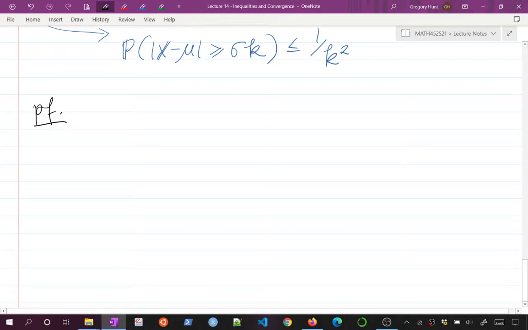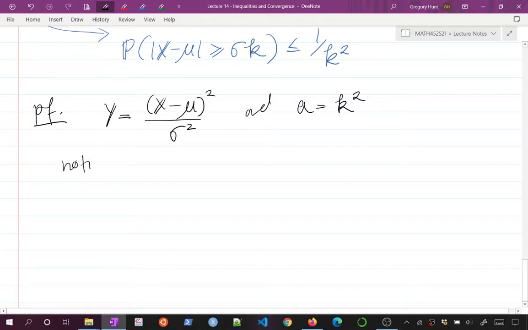So here's our proof. Let y be x minus its mean squared over the variance, sigma squared, and a be k squared. We should notice some things. First of all, y is a non-negative random variable. Probably we should be able to apply Markov's inequality to it.